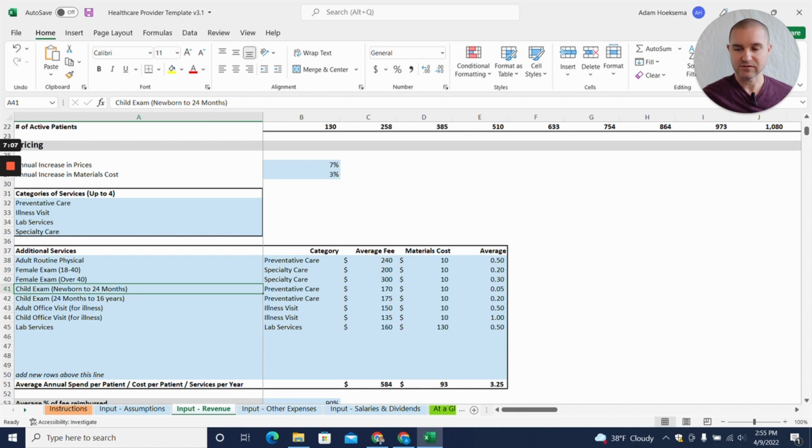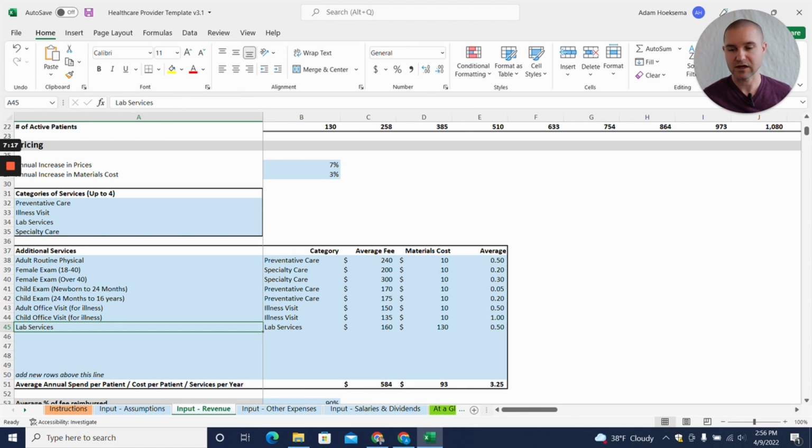And we've just given some example services. Probably the reality is that you won't offer all of these. You'll probably specialize. Like if you're a pediatrician's office, then you wouldn't have adult office sick visits, right? So keep that in mind.